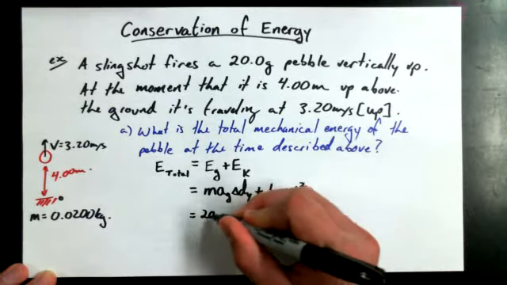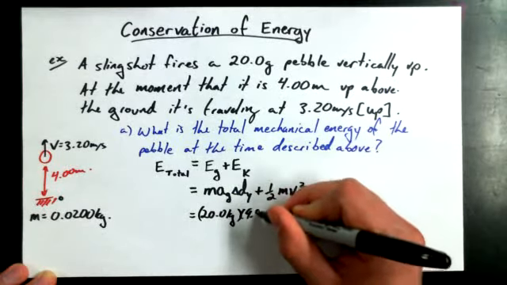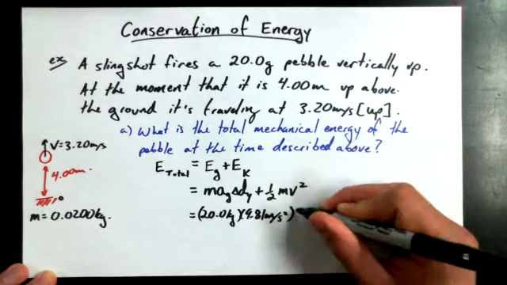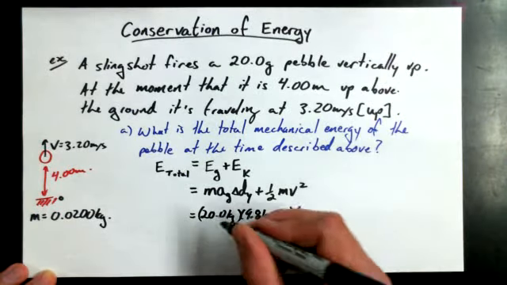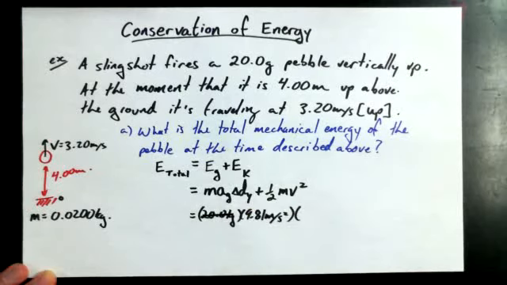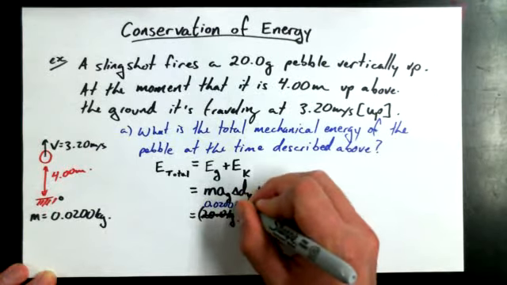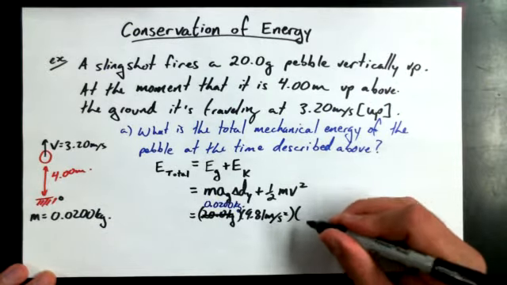So 20 kilograms, 9.8, 0.0200. Oh, did you beat me to it already? Oh, 20 kilo. Oh my gosh, what was I thinking? The pebble is 0.0200 kilograms. Thank you, I got carried away there.